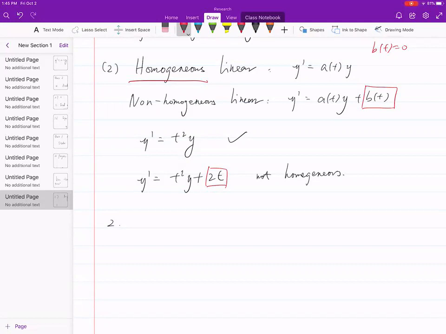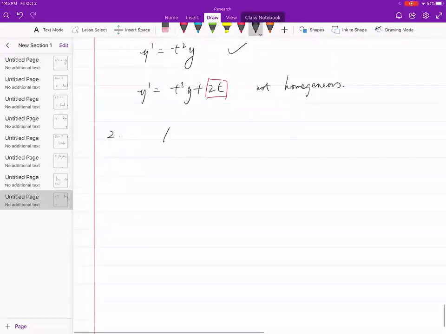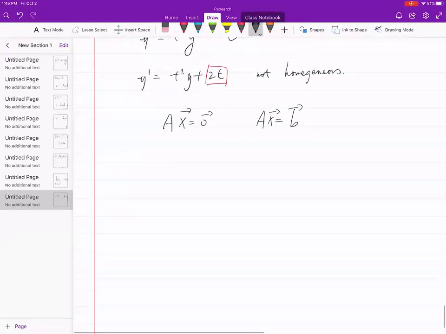Linear algebra. For what? Homogeneous and non-homogeneous. Do you recall in linear algebra something like that? Cool. Why? Well, think about it.